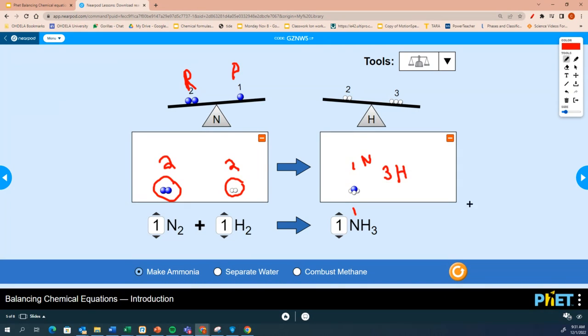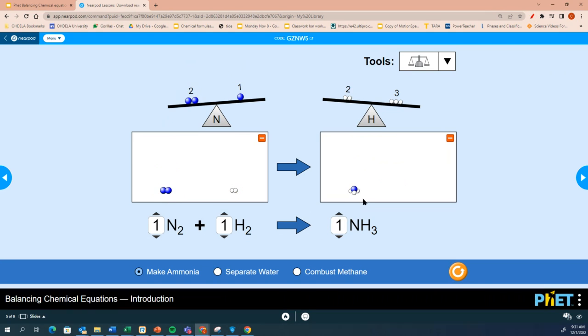So what I want to do is get it so it's balanced, right? We have 2 nitrogens here. So what I have to do, you go along with me, is add. So now I want to balance this out. So I have done that.